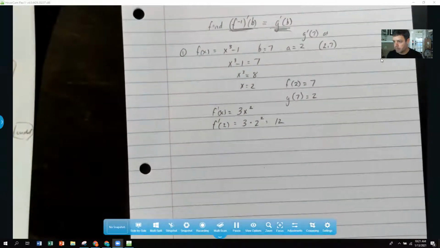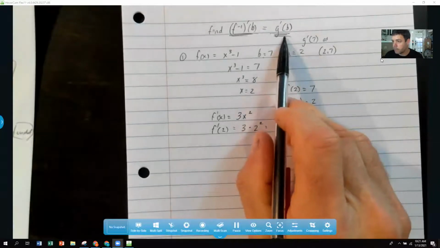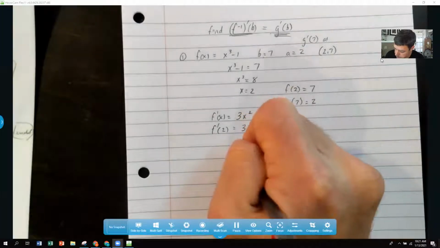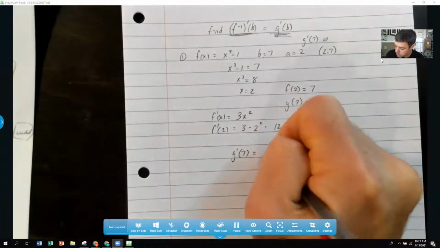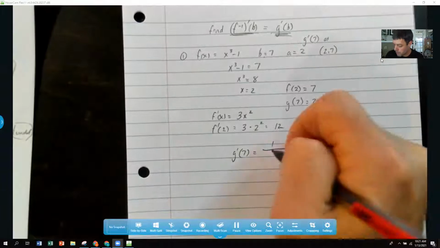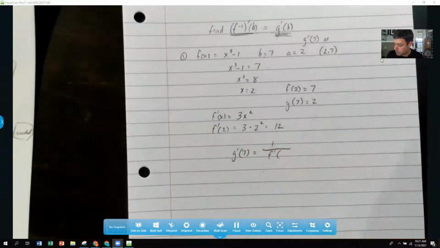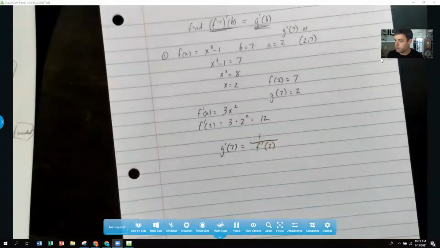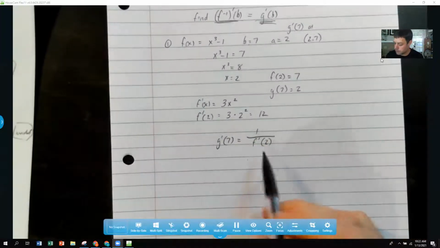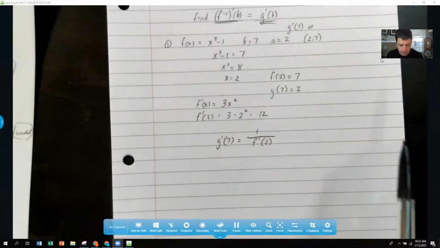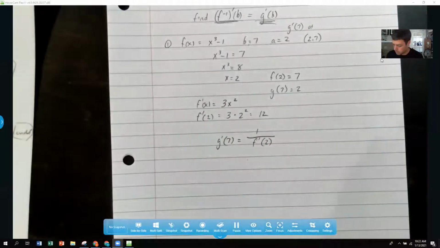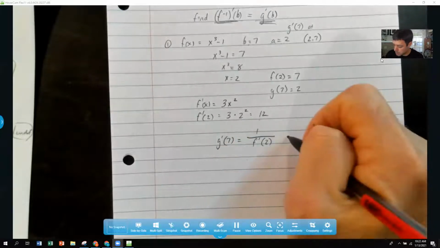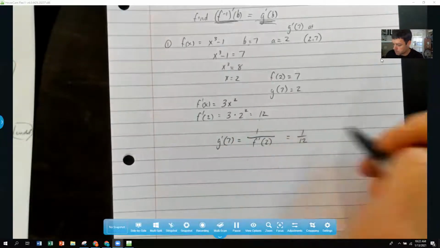We're trying to find g prime of b, or g prime of 7. So g prime of 7 equals 1 over f prime of 2. That is the formula we were given in the notes. We already know f prime of 2 is 12. So our answer is 1 over 12.